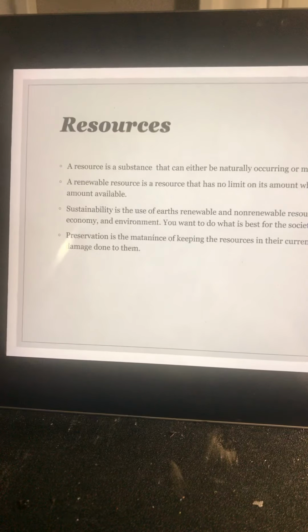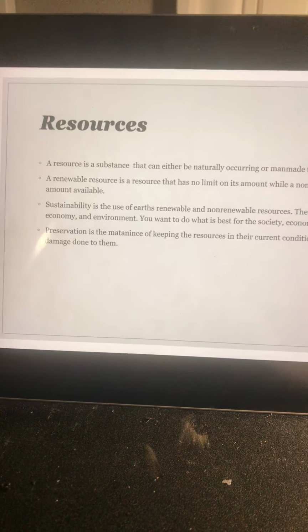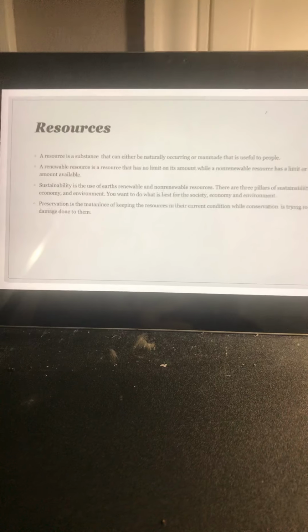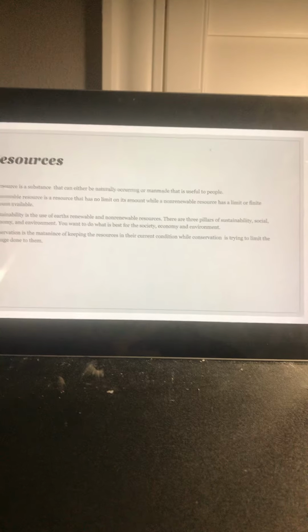Okay, so resources. A resource is a substance that can be naturally occurring or man-made, but it is generally useful to people, and that's why it's a resource. A renewable resource is a resource that has no limit, like the sun or wind.